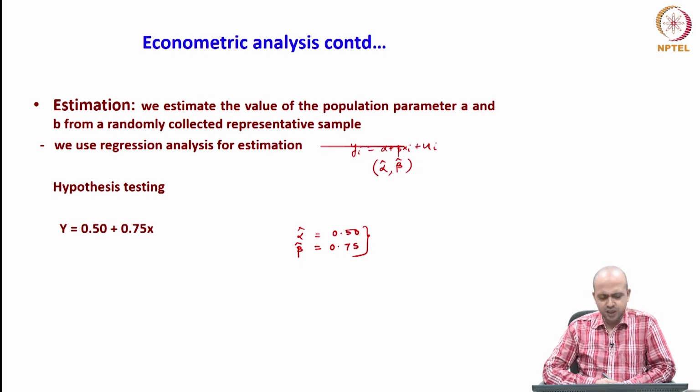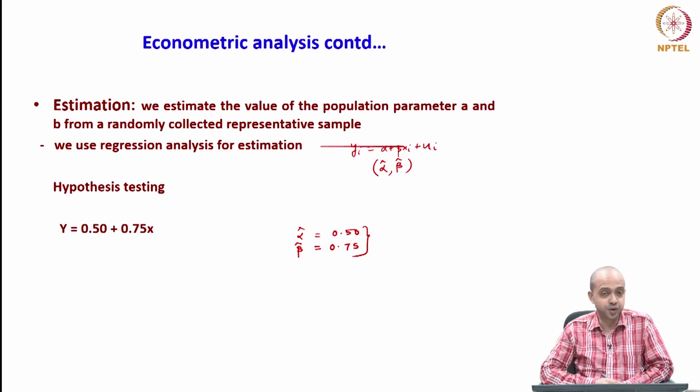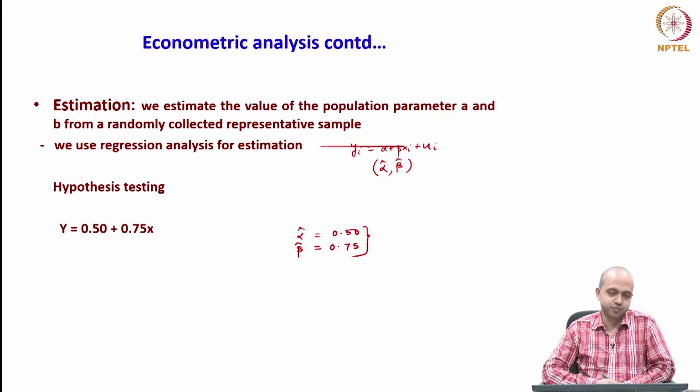Apparently it may look like yes, our hypothesis is established, because the beta hat value is 0.75. That means when your income increases by 1 rupee, your consumption increases by 75 paise, which is a significant amount. That means income is having a significant impact on consumption.